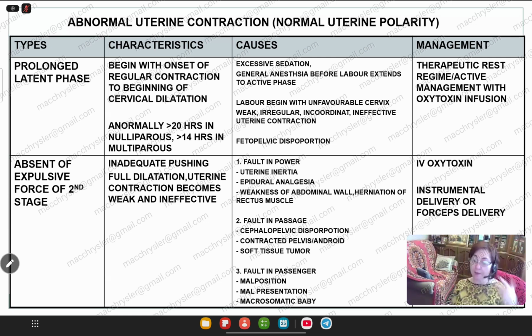Contractions increase, cervical dilatation with the help of oxytocin is sufficient, the cervix is dilated, and the doctor stops the infusion of oxytocin.